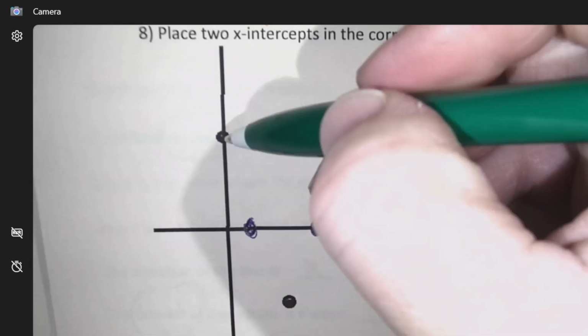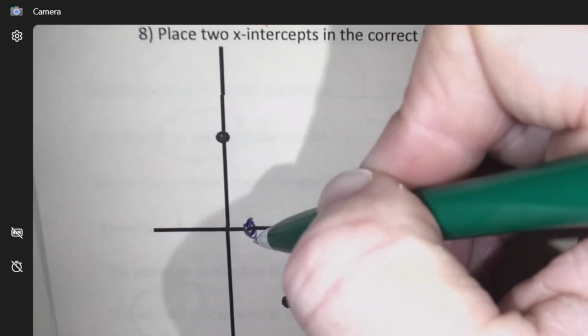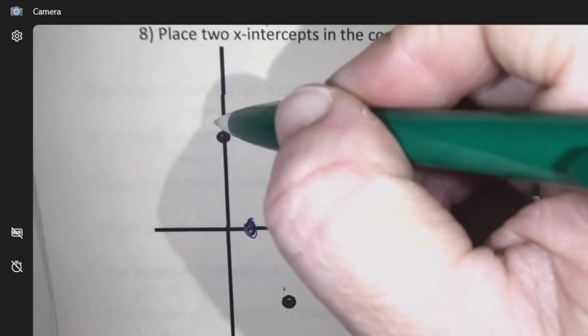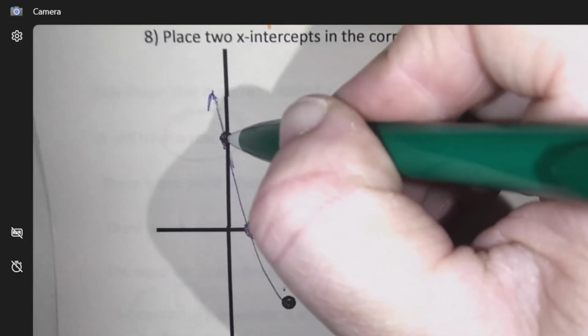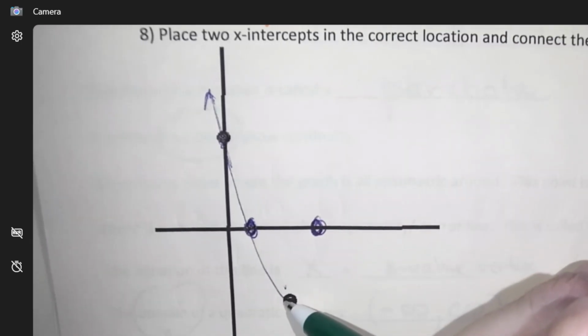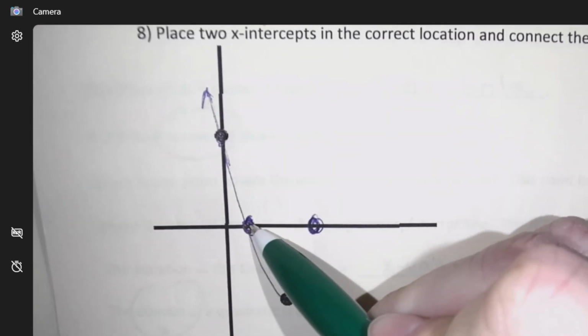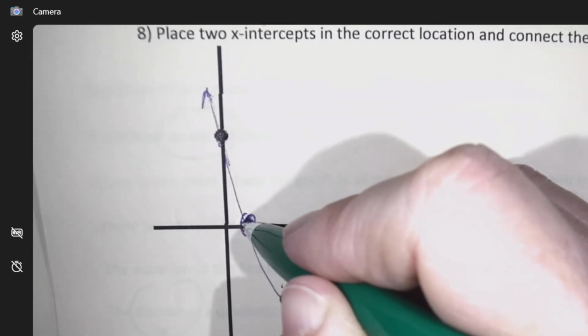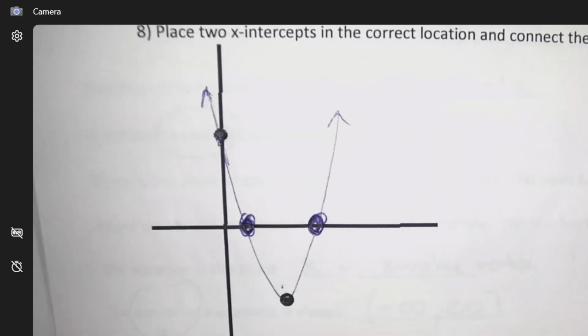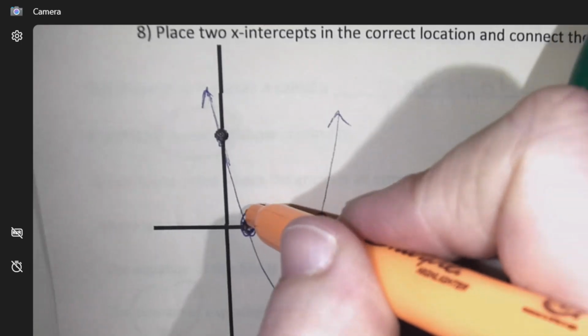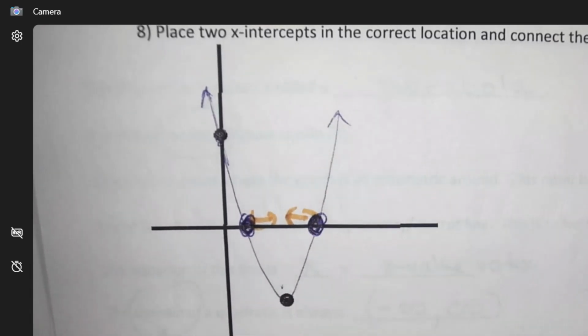So obviously, from this point to this point, I'm going to cross the x-axis somewhere, right? To connect the y value to the vertex, you got to cross there-ish. Once you've crossed there, you got to give it a symmetric partner. So that's a symmetric partnership.